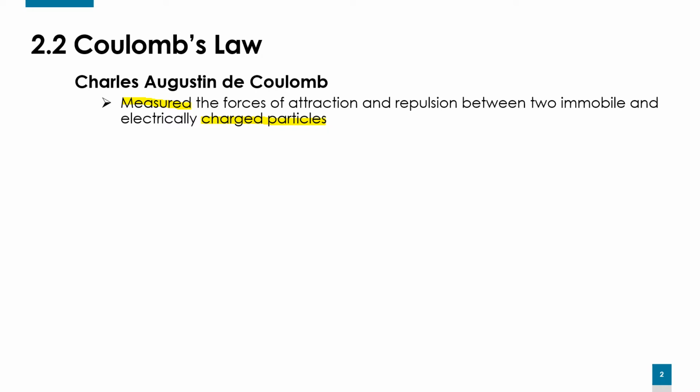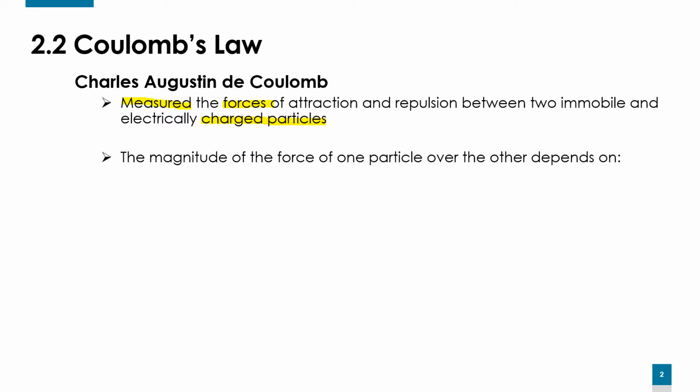So he measured this force, okay? And then he concluded that the magnitude of this force, or how much force is going to attract or repel a charge, depends on two main factors.